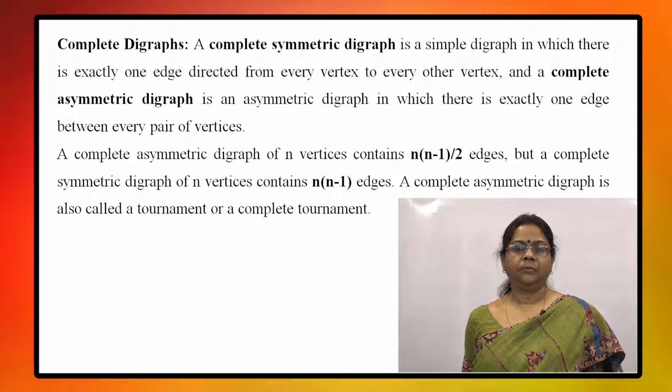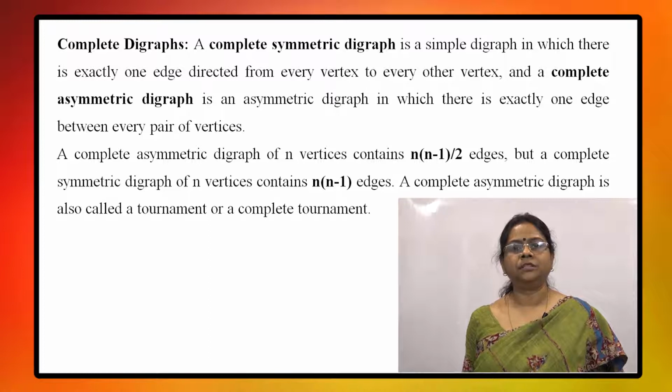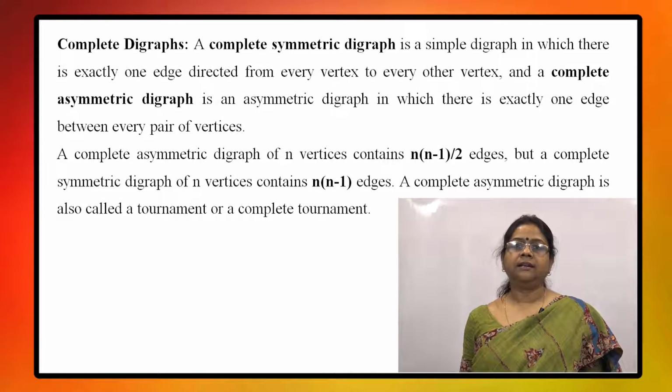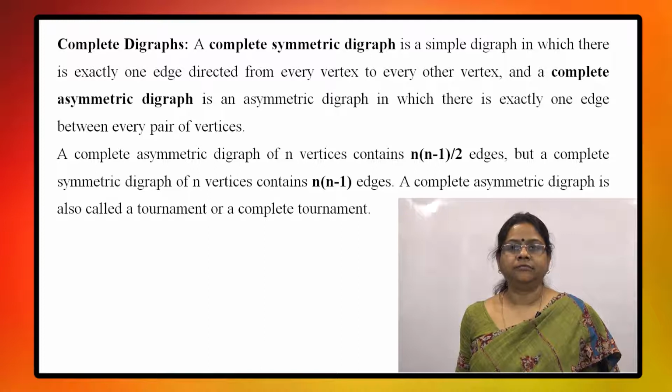That is, between every pair of vertices, there are two edges oppositely directed. And a complete asymmetric digraph is an asymmetric digraph in which there is exactly one edge between every pair of vertices. Exactly the same definition was true for an undirected graph.